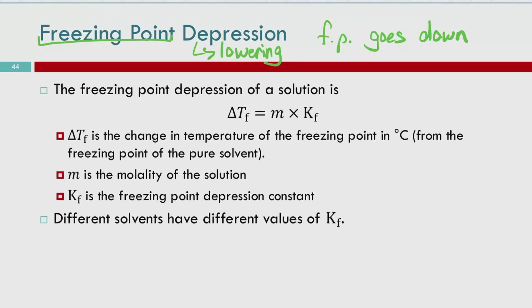And our freezing point depression equation is given to us here. Our change in temperature, delta T sub F for freezing, is equal to the molality times our K sub F. The little f there is for freezing, and the big K means that it's a constant.